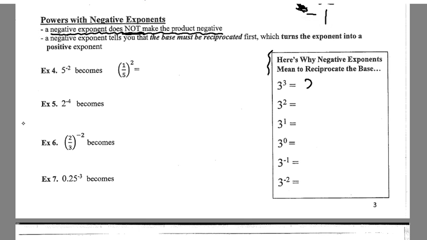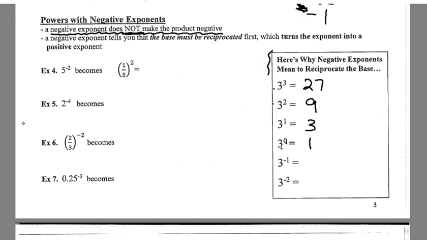3 cubed, we should now know is 27. 3 squared, 3 times 3 is 9. 3 to the 1, that's 3. 3 to the 0, we just talked about it. Anything exponent 0 is 1. And now we get to the negatives. Well, math is about patterns.